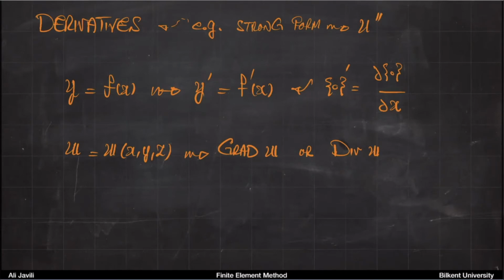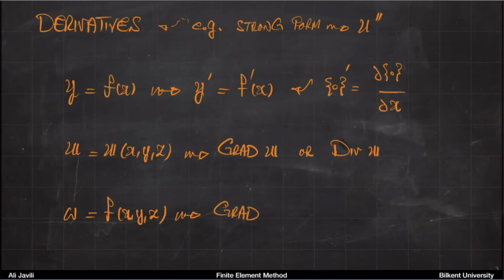Now that was if u is a vector, but what if you had a scalar? So let's say you have F, or let's call it W maybe, as a function of x, y, and z. So now in this case, you have three inputs, but one output. But then again, you can still define the gradient.